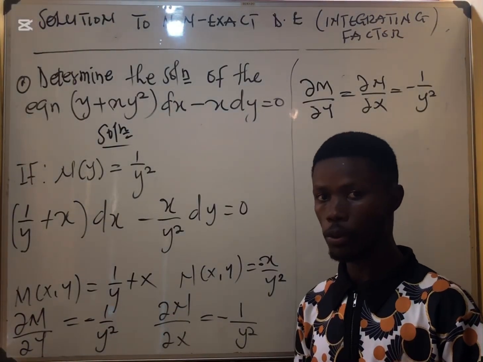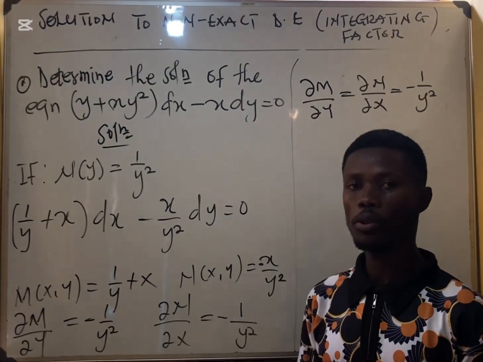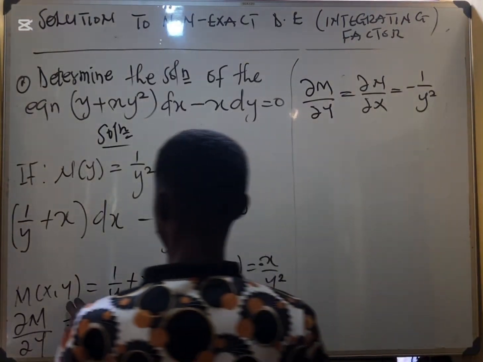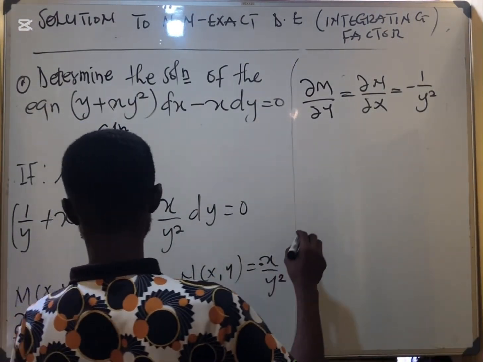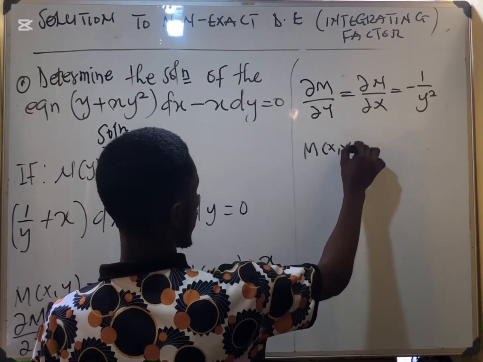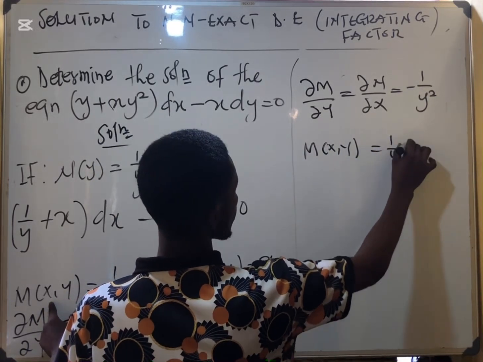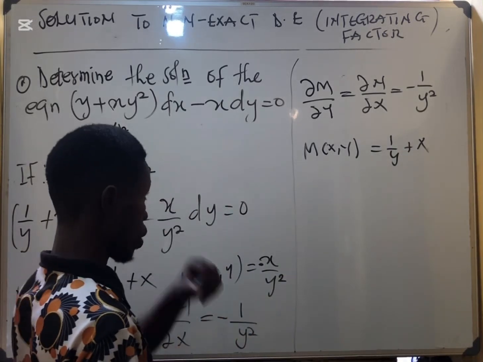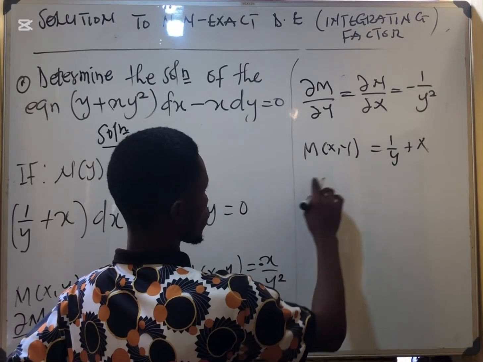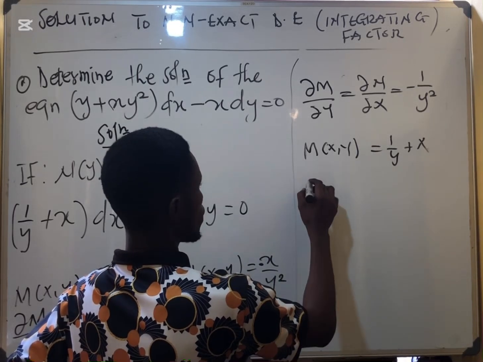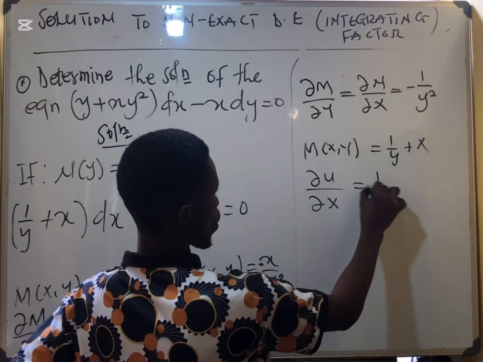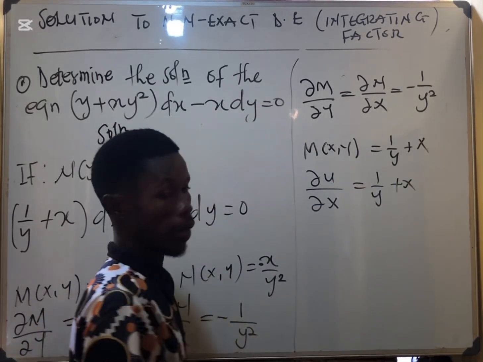When we are solving exact equations, if you remember, you just take this one, then we integrate. We take this one, we integrate. That's all. So this one, we know that our M in terms of x and y is equal to 1 over y plus x. Okay, so I want to integrate this one. This M is the same as delta u delta x, which equals 1 over y plus x, if you remember.